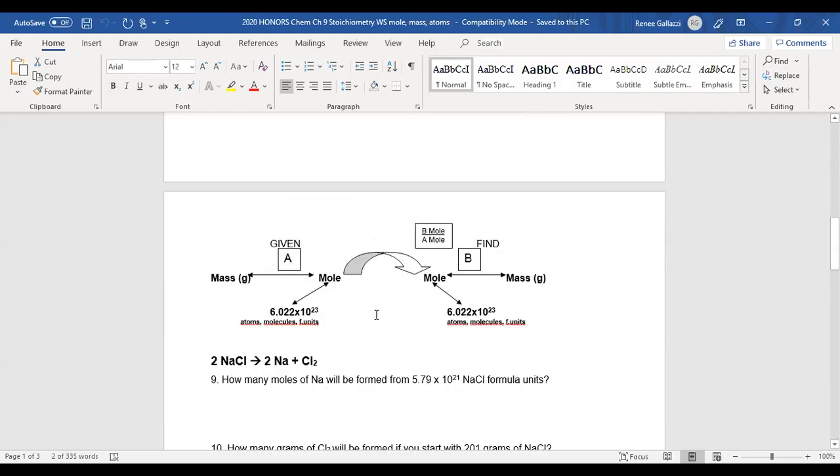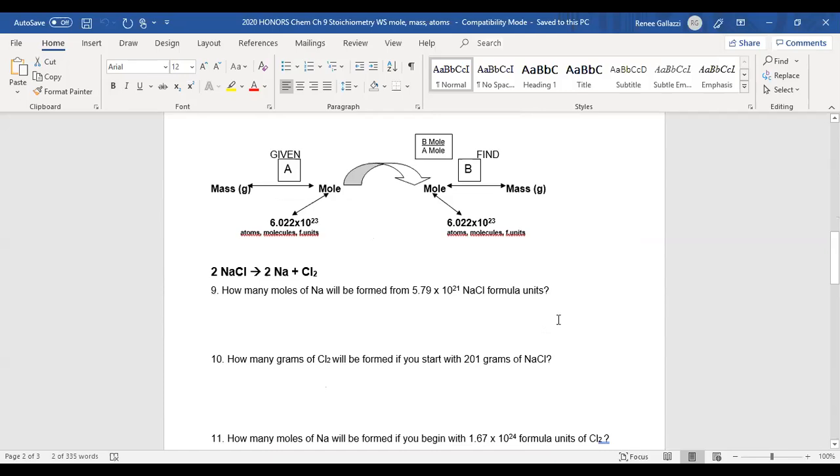So for the first part of your worksheet, we're just staying on one side. And the other side is what I'm going to go over today, where we're actually crossing over from one substance or compound to another, or one atom to another. So this is NaCl, sodium chloride, and formula units. We're talking about Avogadro's number, and we're trying to find out how many moles of Na. When you do these problems, you're going to have a reaction formula that we need to use, and we're going from one side to the other.